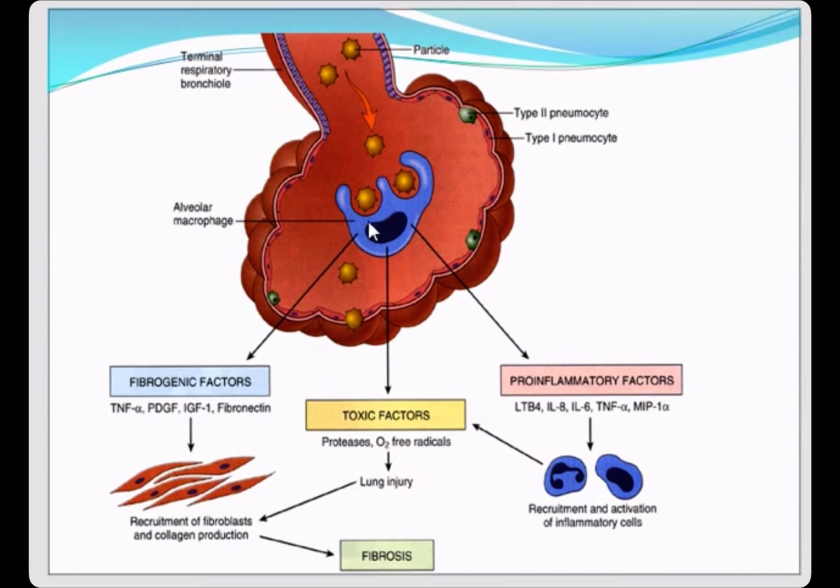You will see after they swallow these orange spots, the particles, the macrophage can produce different things in the cell. It can produce fibrogenic factors, for example TNF-alpha and IGF-1 and so on. It can also produce toxic factors, for example oxygen free radicals, which can cause lung injury.